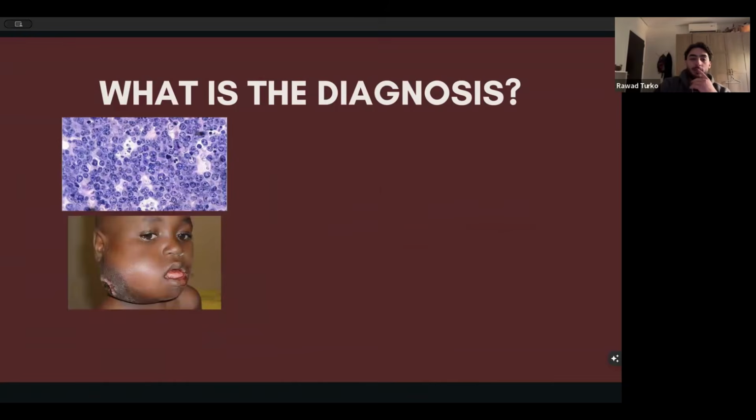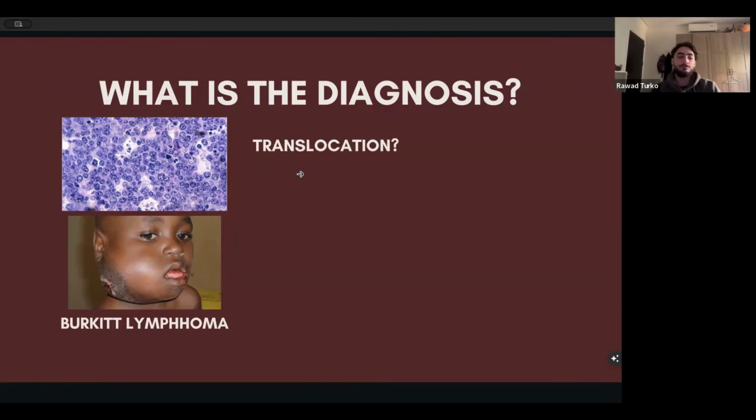Now, who can tell me what this is called? What's the diagnosis here? You have this lesion on the jaw in African patients, and then you do a biopsy of the lymph node and you see Burkitt's lymphoma. Perfect. What's the translocation?